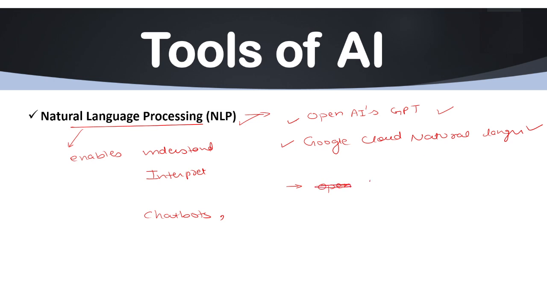Another example of NLP is Hugging Face Transformers, a library for various NLP tasks using pre-trained models. So these are three applications under natural language processing.